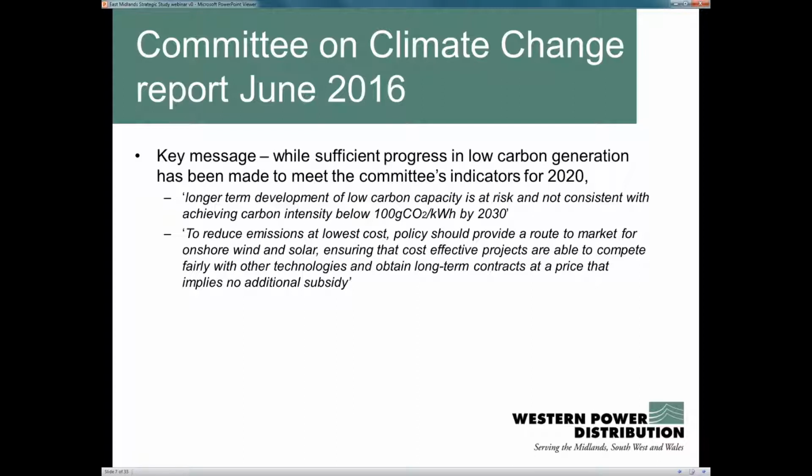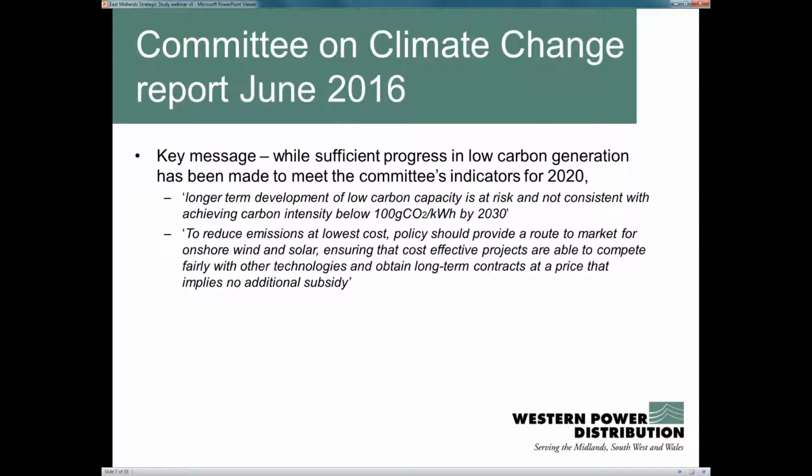I think what we can say on the government intention to move towards a low carbon economy is that there is still significant impetus to do that. This slide references some reports from the middle of last year, which really reiterate the need to include all that low carbon generation and get it connected onto the network.